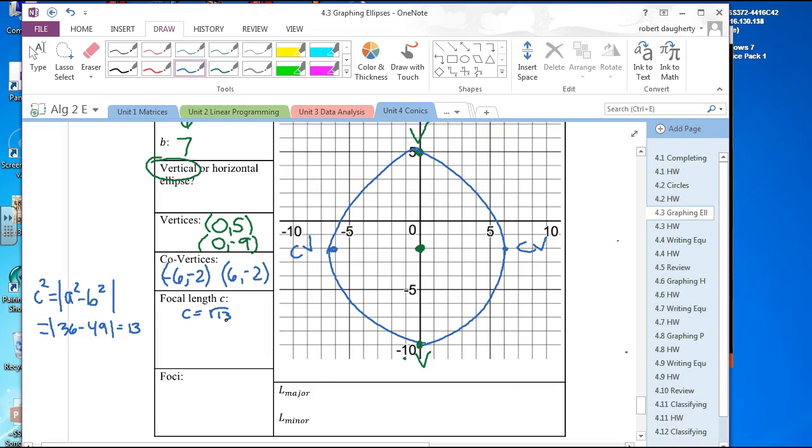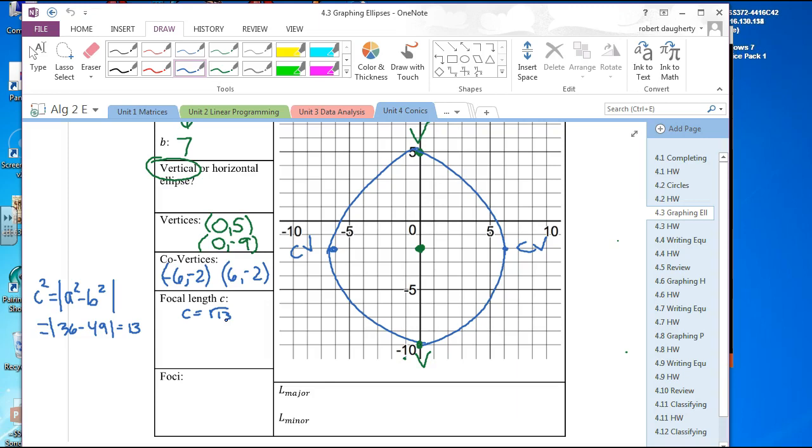C is the distance from where to where? C is the focal length. That means it's the distance from the center to the focus, okay? So c is the distance from the center to the focus.